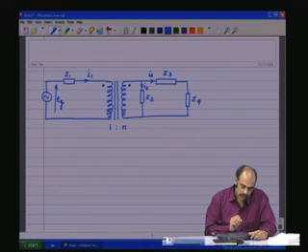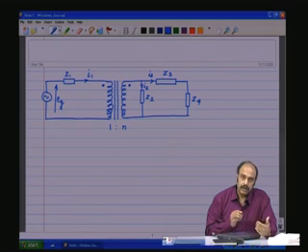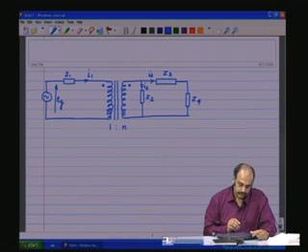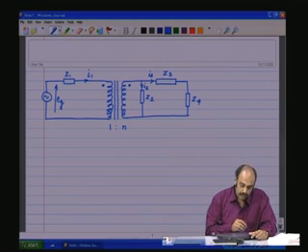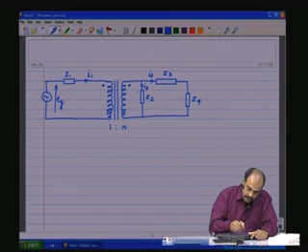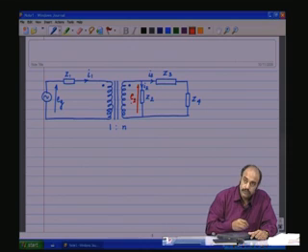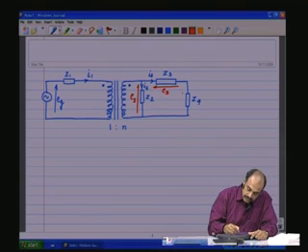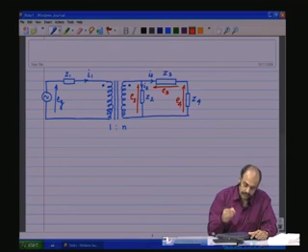Let me also indicate the voltages across each. We have a voltage across Z2 and let us say it is E2. There is a voltage across Z3 and that is E3. There is a voltage across Z4 and that is E4.